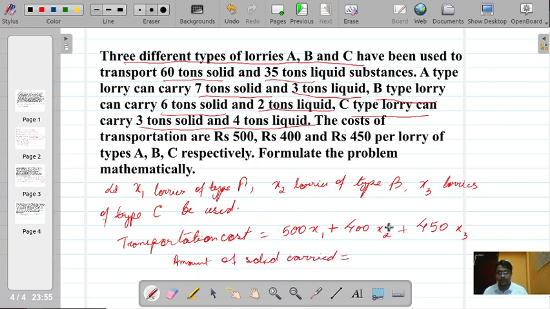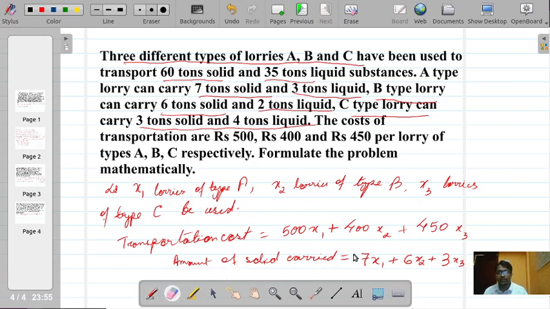A type lorry can carry 7 tons per lorry, so 7x1 plus B type can carry 6 tons, so 6x2, plus C can carry 3 tons, so 3x3. This is the amount of solid carried.